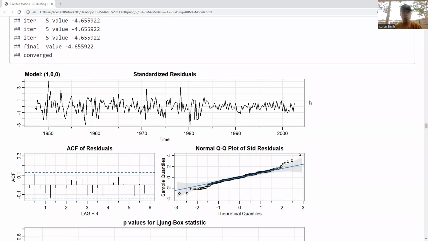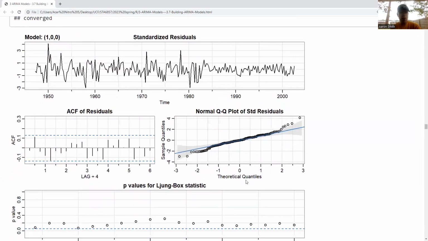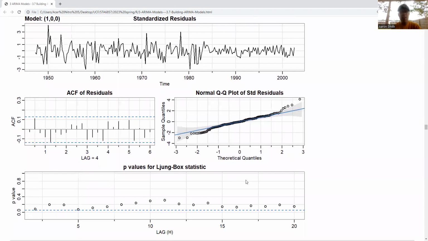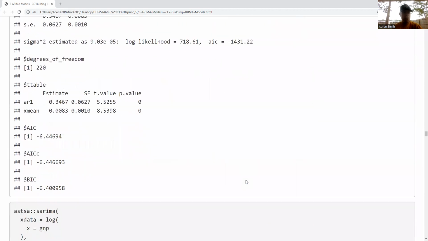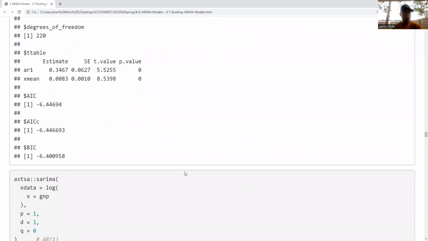And now I get my standardized residuals, I get my autocorrelation function, and I get my normal QQ plot. When you look at these plots, you'll be like, hey, doesn't that look a lot like what we saw before? Yeah, it does. We'll talk about that in a moment. And so here are our outputs, and we can compare our 2 models using AIC or corrected AIC or BIC.